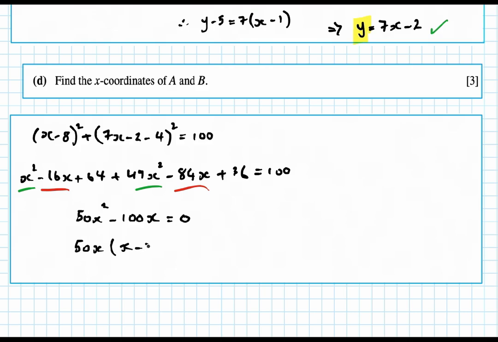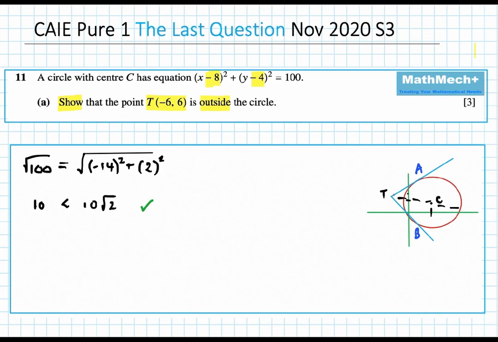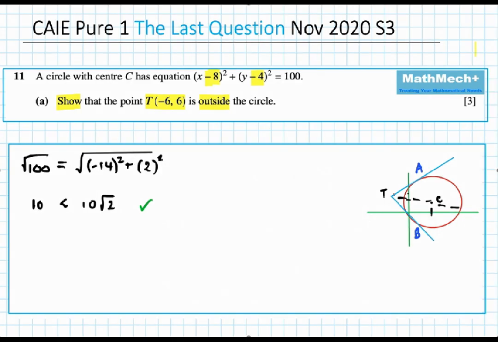So 50x squared minus 100x equals 0. You can factorize that. You'll get 0, and x is equal to 2, which is in the brackets. So there are the x coordinates for A and B, and that was the last question using coordinate geometry for November 2020, Series 3.